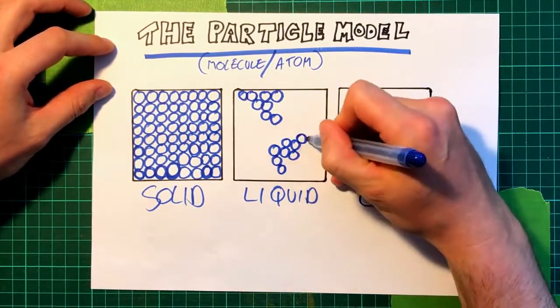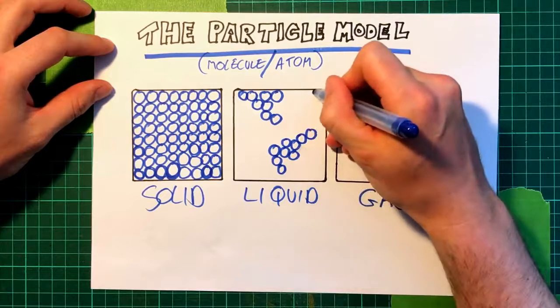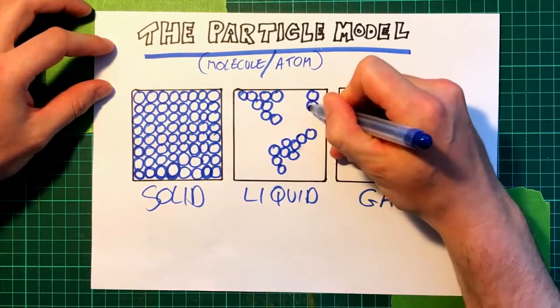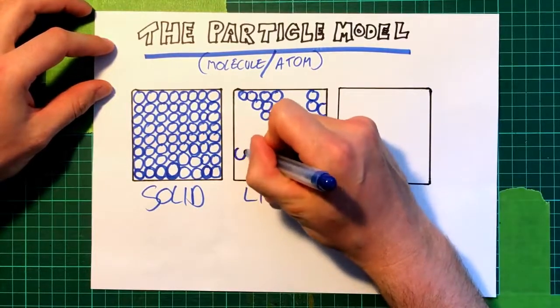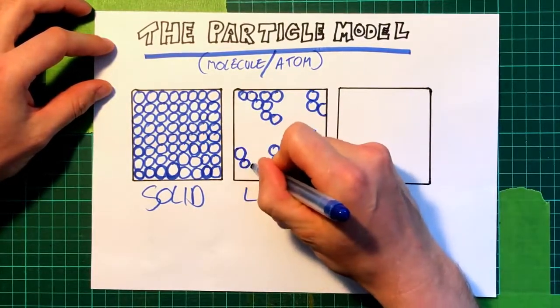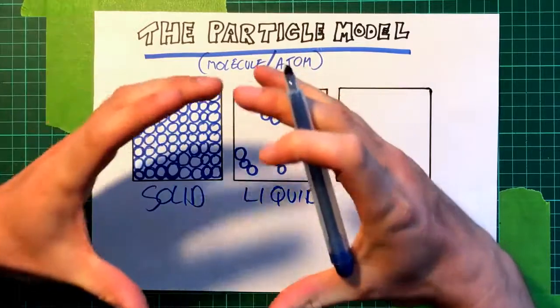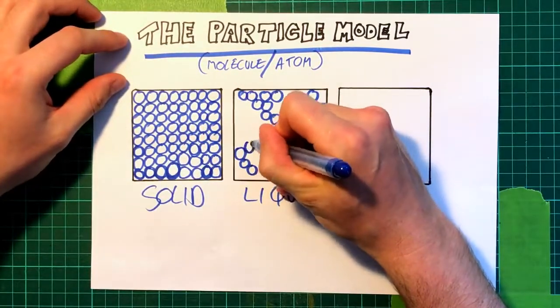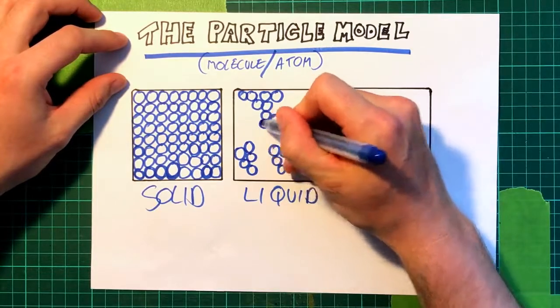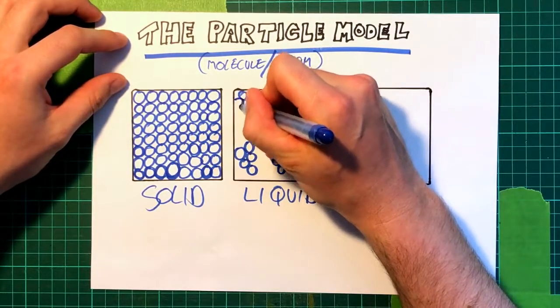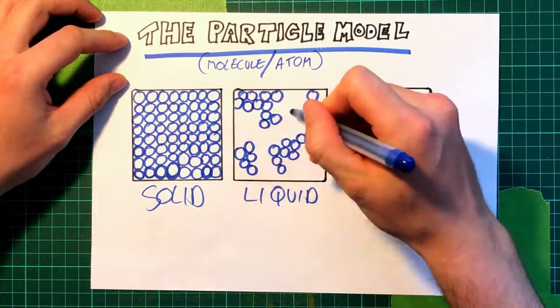So if you give a little kid too much pop, too much Coca-Cola or Blue Smarties, they will be pinging around all over the place. And this is what enables a liquid to take the shape of a container that you put it in. That's one of the definitions of a liquid. It's how we describe a liquid. Is something that is in a state which takes the shape of the container.